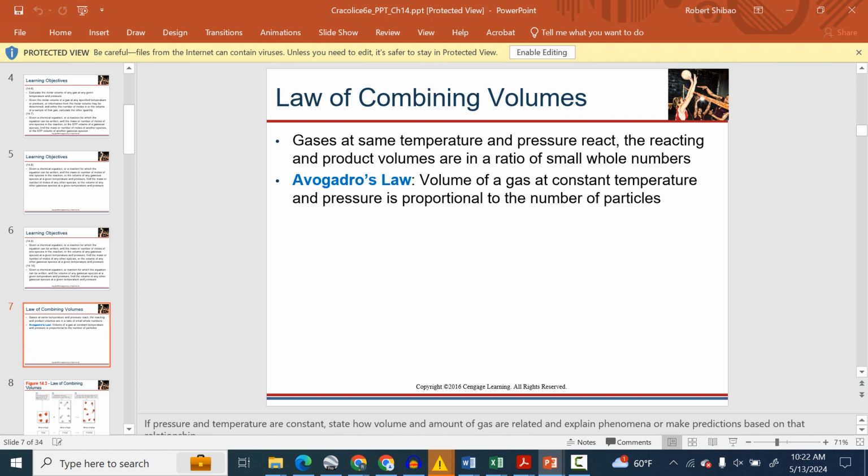We have the other laws, including something called Avogadro's law.